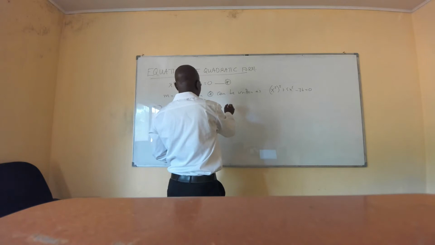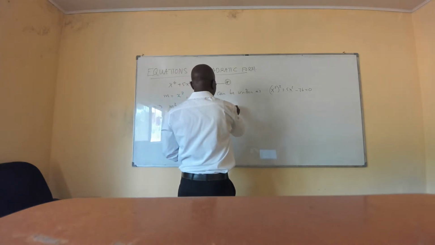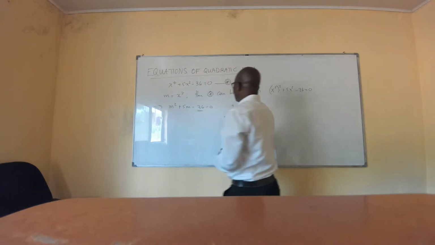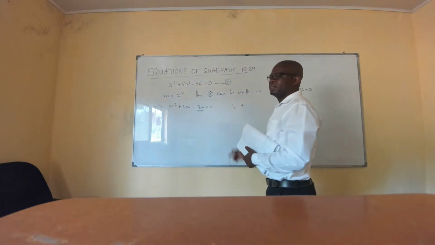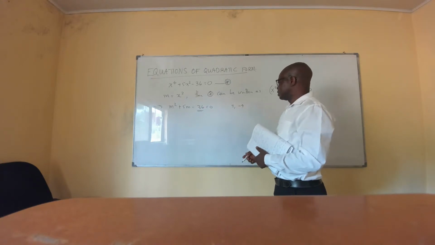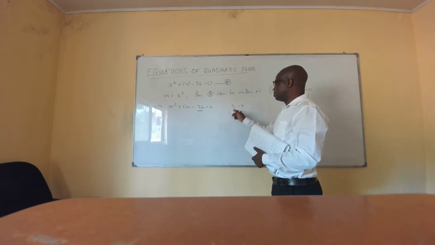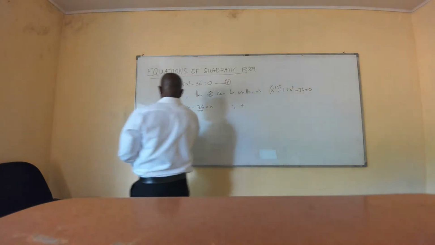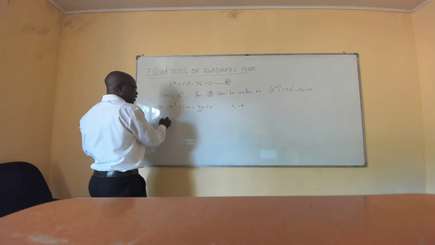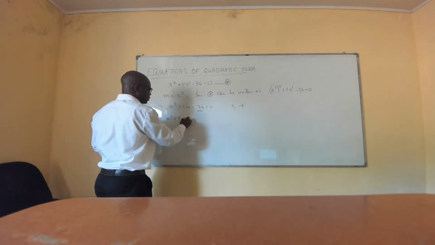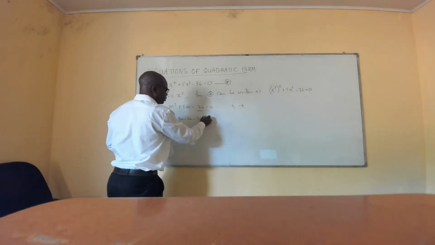We can think of 9 and minus 4. When you multiply these two, 9 times negative 4, it will give you minus 36. When you add, it will give you 5, which is the coefficient of m. So I can write this equation as m squared plus 9m minus 4m minus 36 equal to 0.